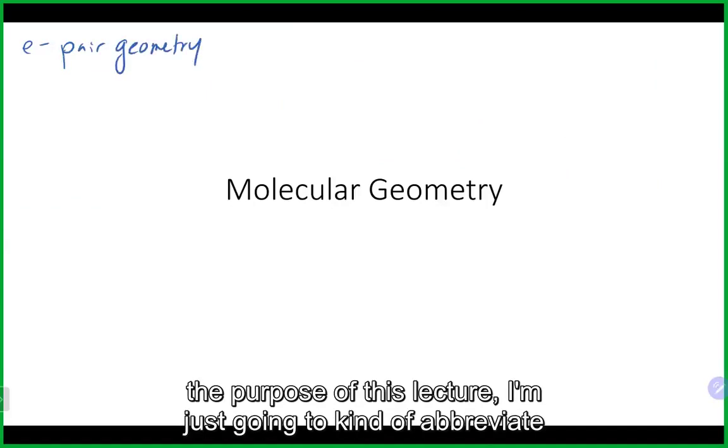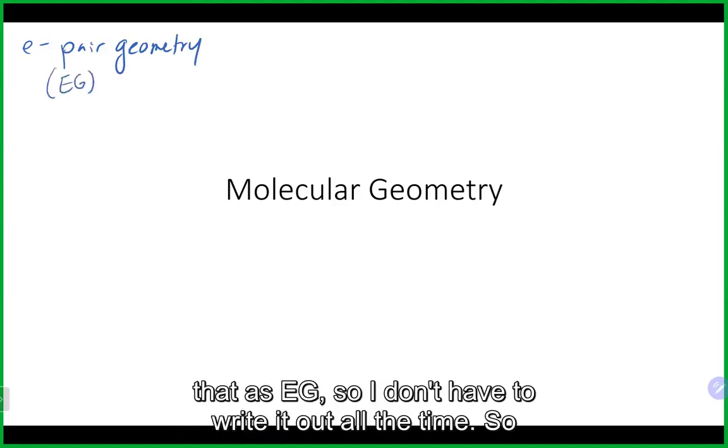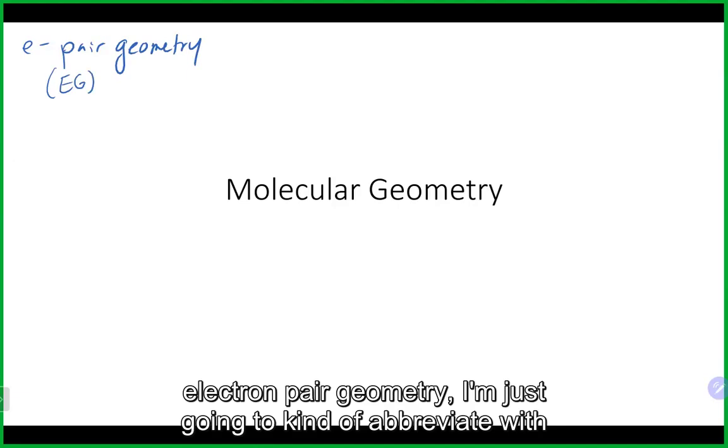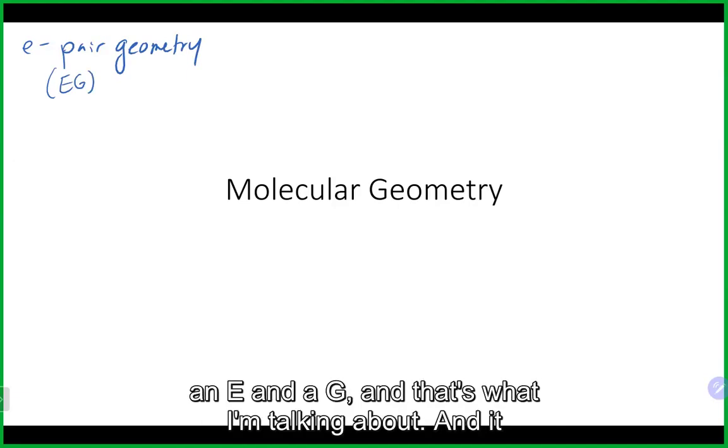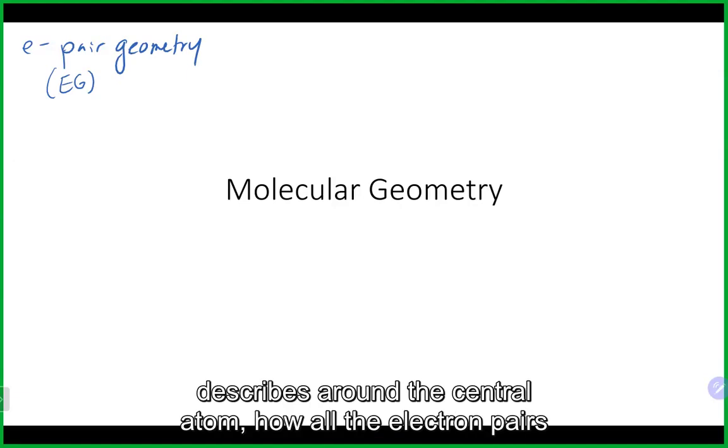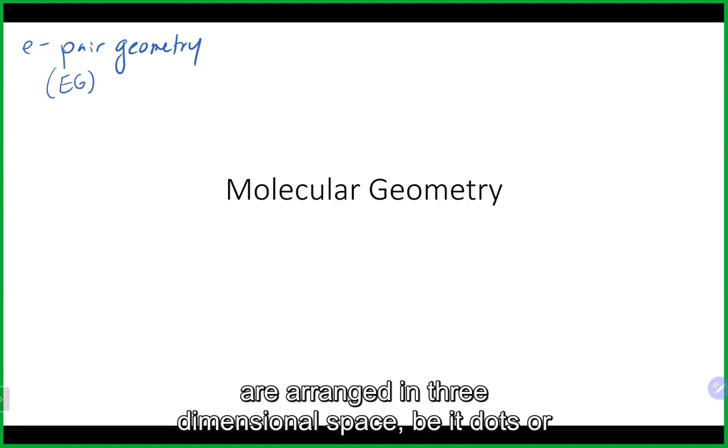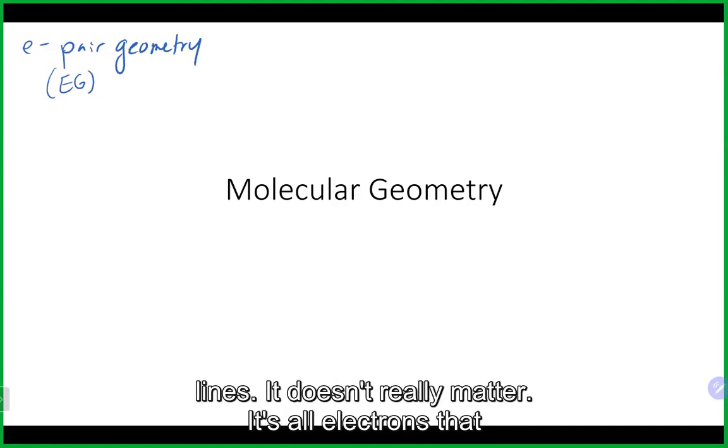For the purpose of this lecture, I'm just going to abbreviate that as EG, so I don't have to write it out all the time. It describes around the central atom how all the electron pairs are arranged in 3-dimensional space, be it dots or lines. It doesn't really matter. It's all electrons that are there.